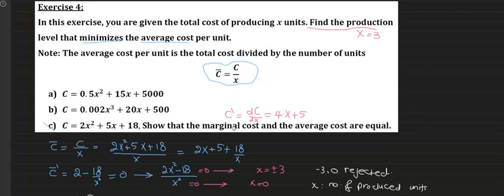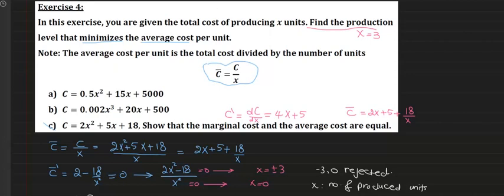We need to show that the marginal cost that we wrote now and the average cost which we had here, the C bar, which was 2x plus 5 plus 18 over x, are equal at this minimized average cost.